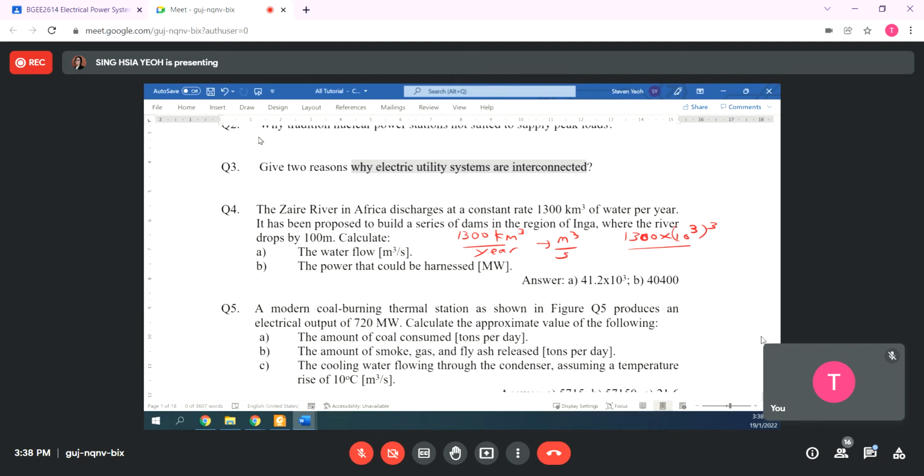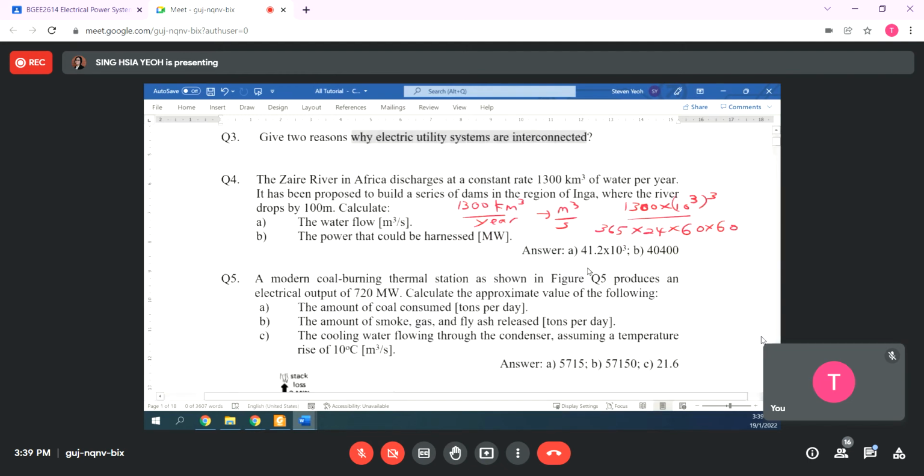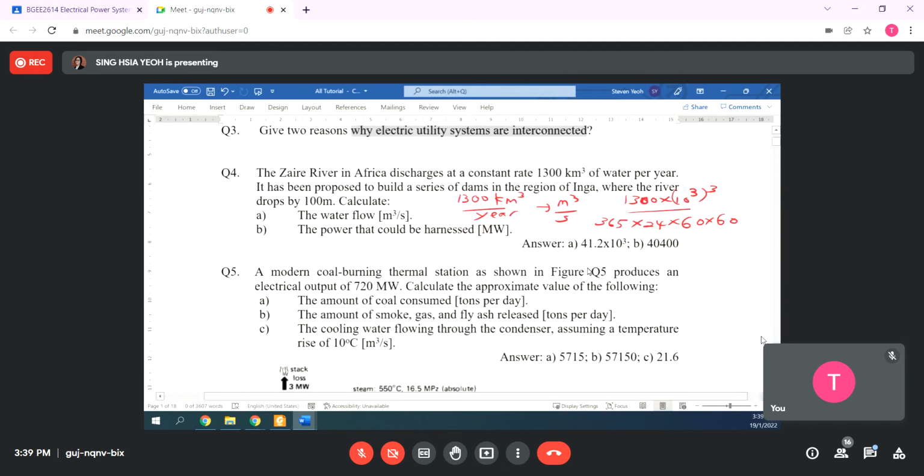Then from year to second, how you change? It should be 365 days times 24 hours times 60 minutes and 60 seconds, right? So basically, you divide them, then you get this 41.2 times 10 to the power 3 meter cube per second.